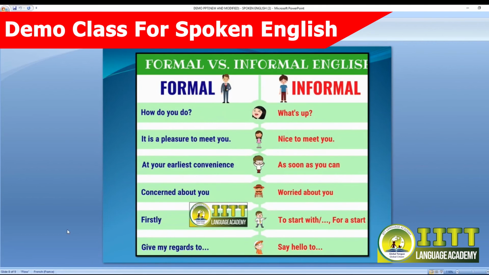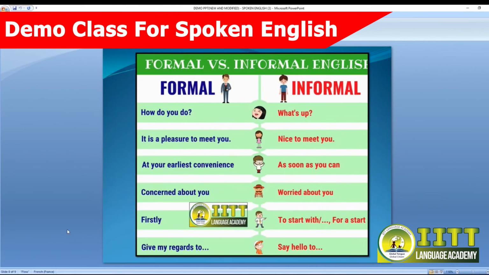Here, if you see the slide, you will see there are two columns: formal versus informal English. In every line, we have two phrases, that means two sentences written. One is in blue, another is in red.